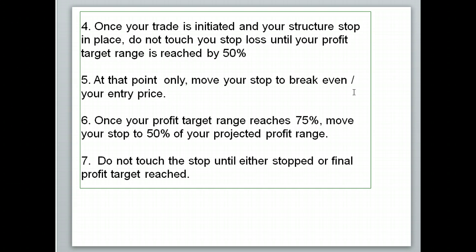At that point, you do not touch anymore the stop until either you are stopped out, in which case you will capitalize and cash in 50% of your profit target, or it will go to your final profit target.